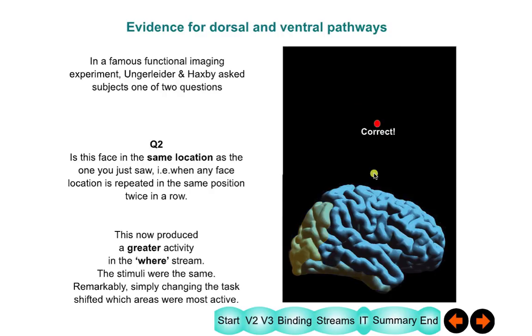Good. So while you were doing that, you're seeing exactly the same thing, but a completely different part of the brain is being activated, because you're not looking at what the face looks like. You're looking at a location. Okay, so same stimulus, different part of the brain becomes active.